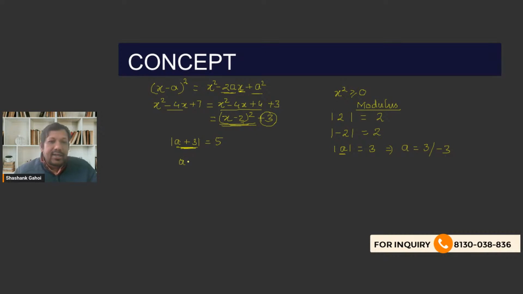So I can say that a plus 3 is equal to 5, and that gives us a is equal to 2, or a plus 3 is equal to minus 5, and that gives us a is equal to minus 8. So that's how we calculate the value in modulus.